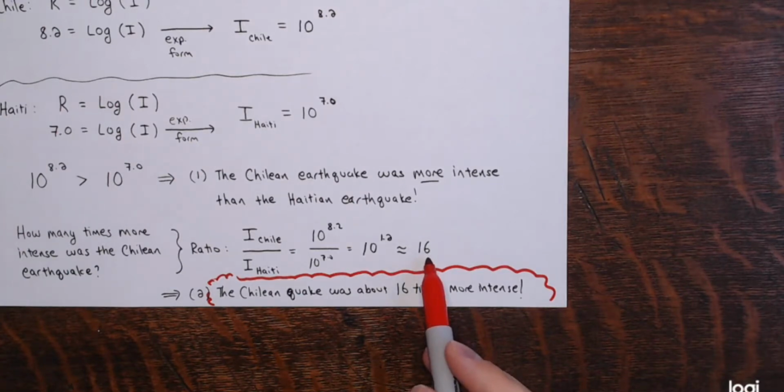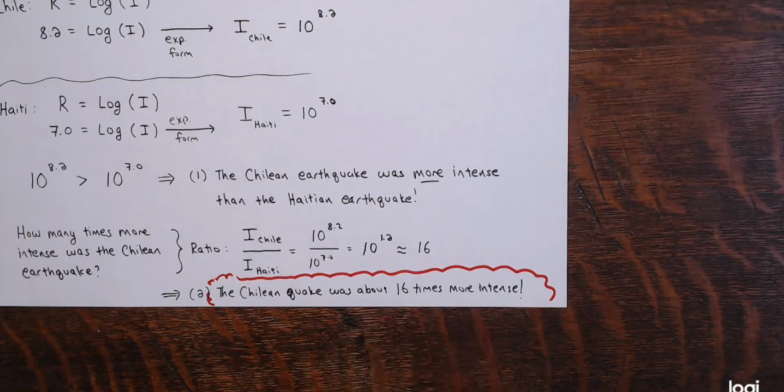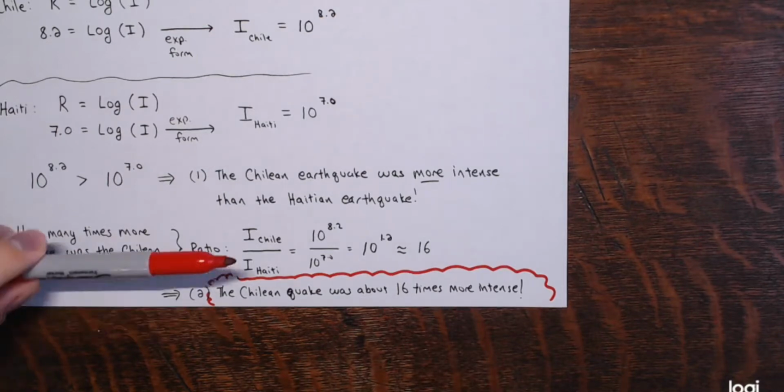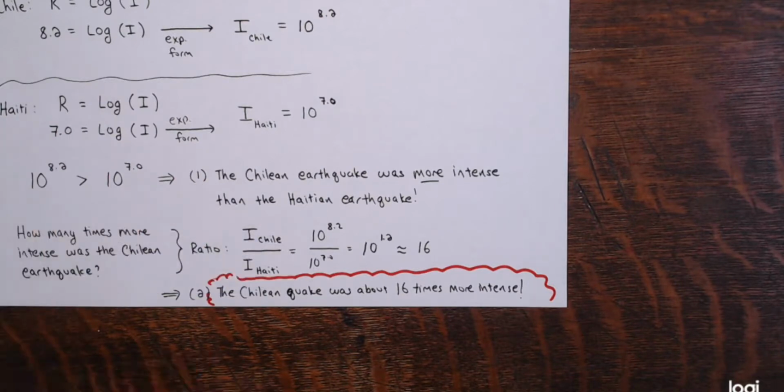How much more powerful? How much more intense was the Chilean quake? About 16 times more intense. That involves doing a ratio: take the larger intensity divided by the smaller intensity, and you can tell how many times more intense one earthquake was than the other.